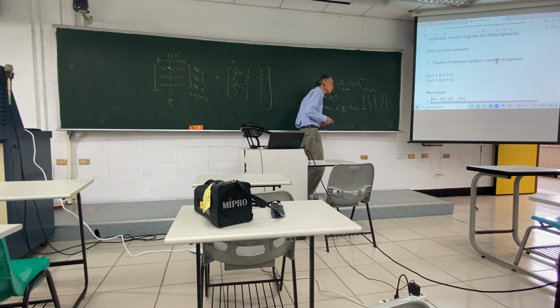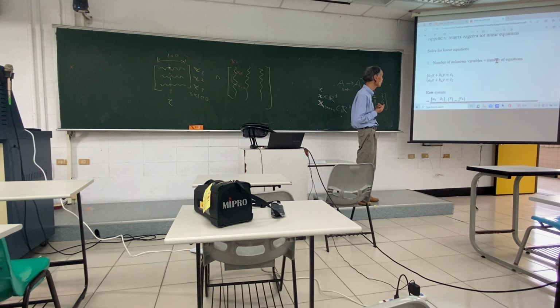Now, in most cases we use linear algebra to solve for unknown variables. For this example here, A1 is a coefficient, and we have equation 1 and equation 2. If you want an exact solution for these linear equations with two unknowns, x and y, then you must have 2 linear equations.